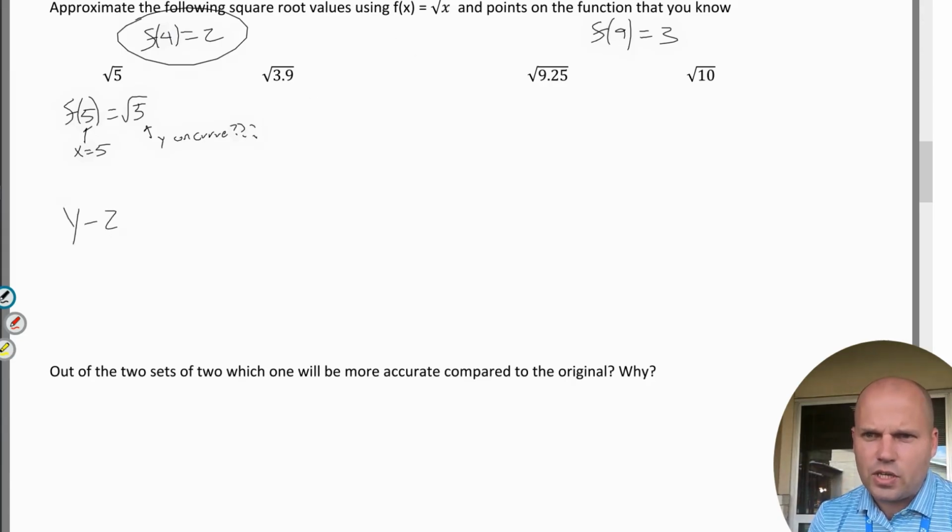We're ready to use a tangent line that will mimic this curve around the point (4, 2). The slope of the tangent needs to be known. We need the slope at 4. Well, that's easy. Plug in 4, we get 1/4.